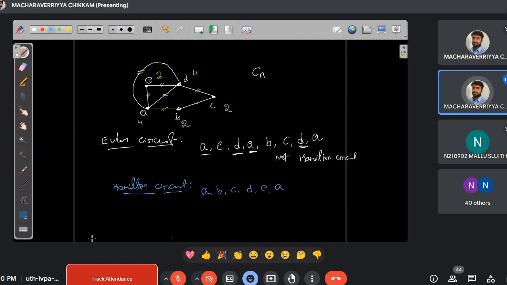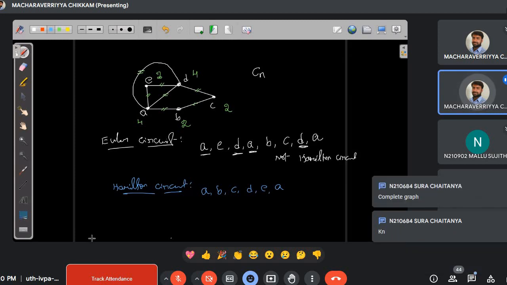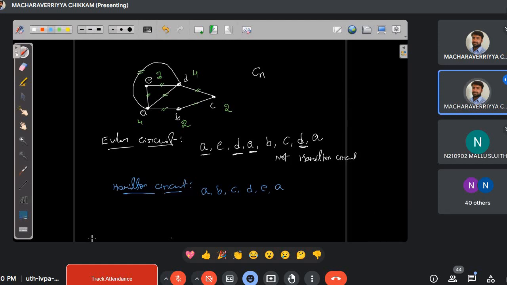Is it possible? Tell me, what is that circuit? It means I need a circuit here which is both Hamilton and Euler. No, I am asking in this graph. I am not asking for an example of a graph which has the same Euler and Hamilton circuit, that I already told you.